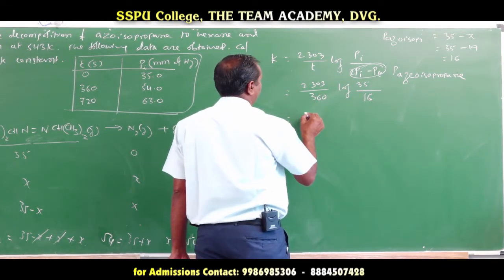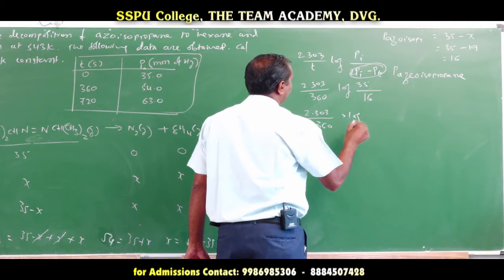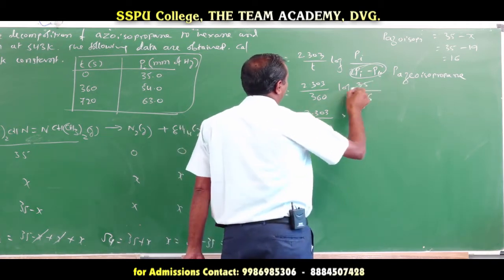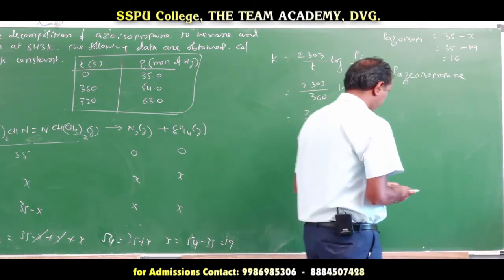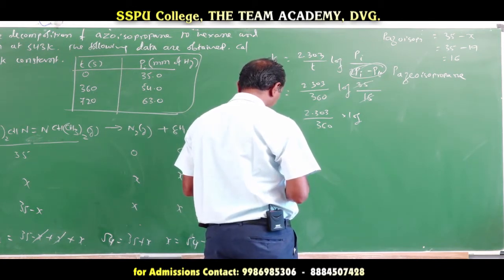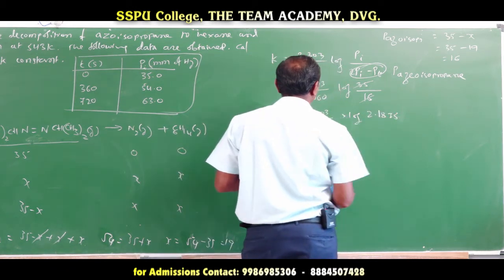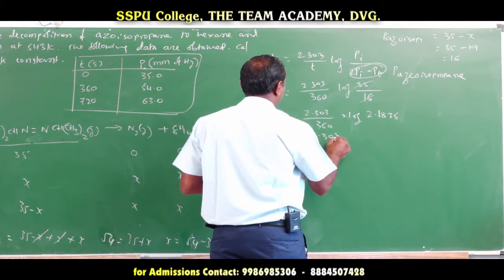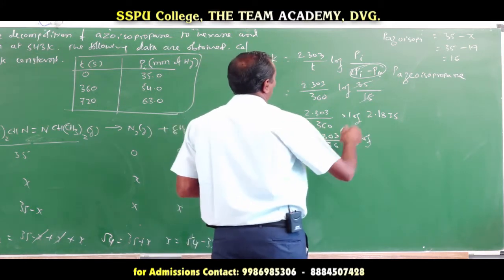Then finally 2.303 by 360 into log of 35 divided by 16. 35 divided by 16 is nothing but 2.1875.